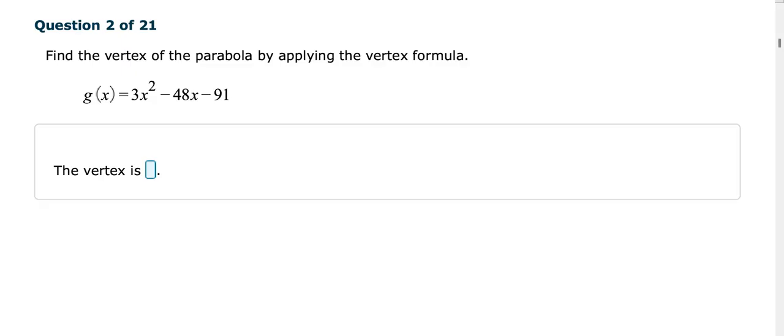For number 2, find the vertex of the parabola by applying the vertex formula. The function is y equals 3x squared minus 48x minus 91. Now you're looking for h comma k, the vertex.